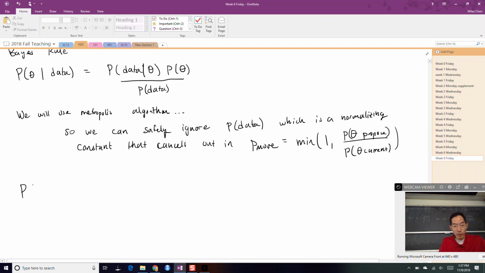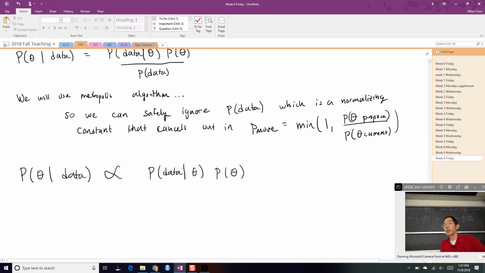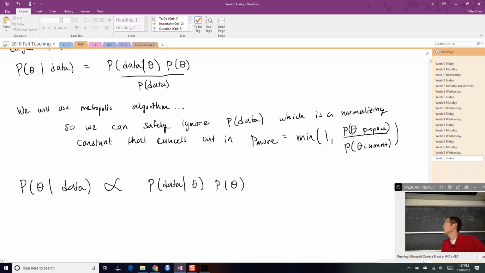So right now we've got the probability of theta given data is going to be proportional to the probability of data given theta times the probability of theta. Okay, is that all right? Because the probability of data would be a pain to calculate, because we have to consider every single possible mapping and find the total of the numerators across every single possible one.